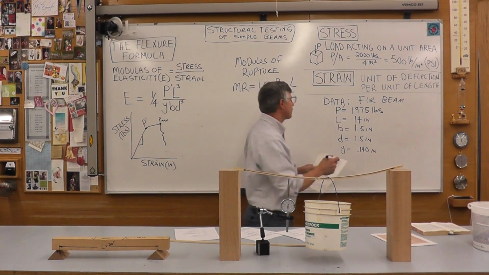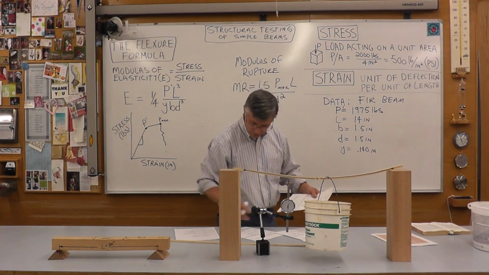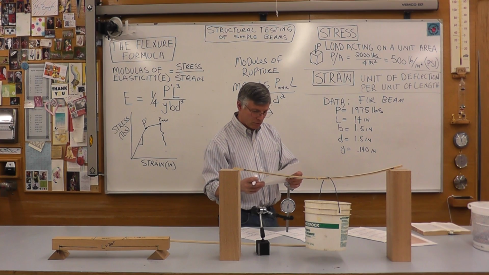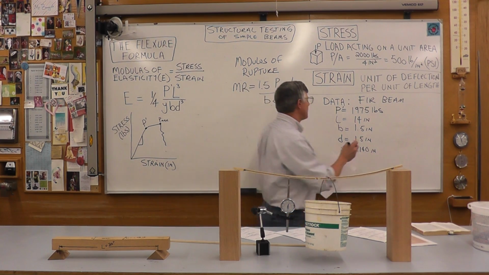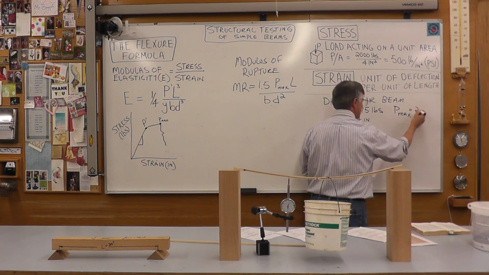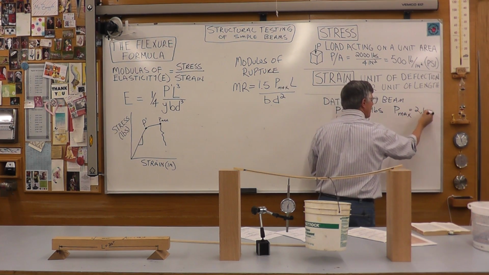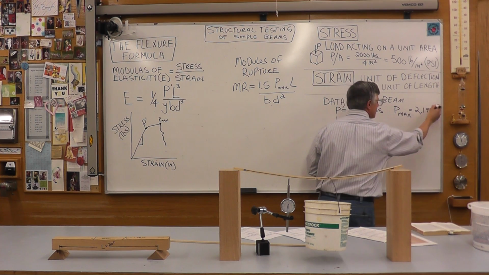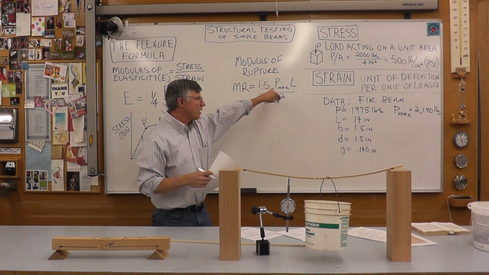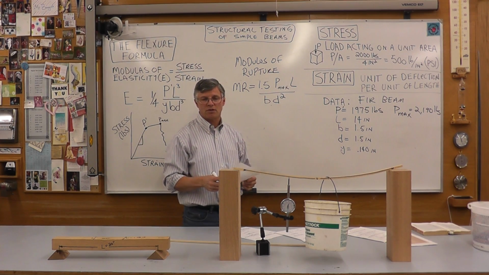So the P max for this fir beam was 2,190 pounds. So P max equals 2,190 pounds. Again, that's the maximum load sustained at failure.